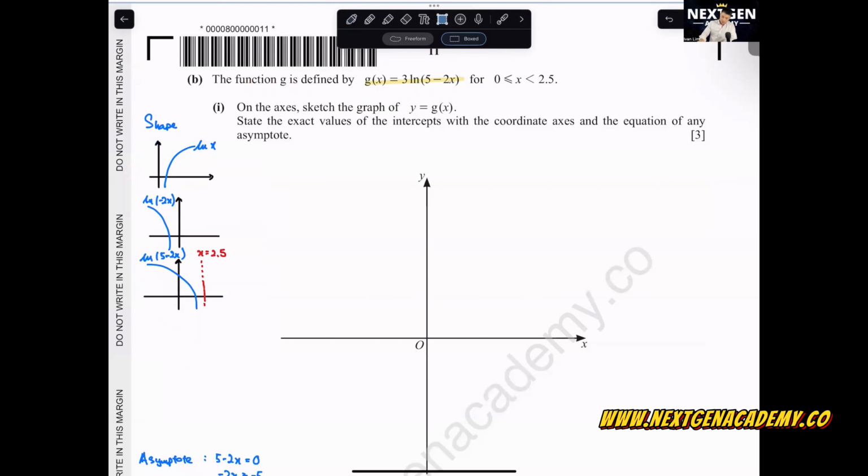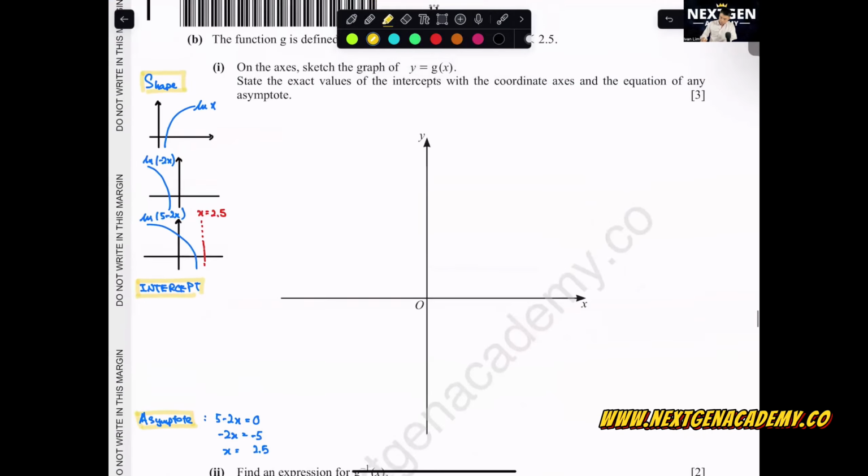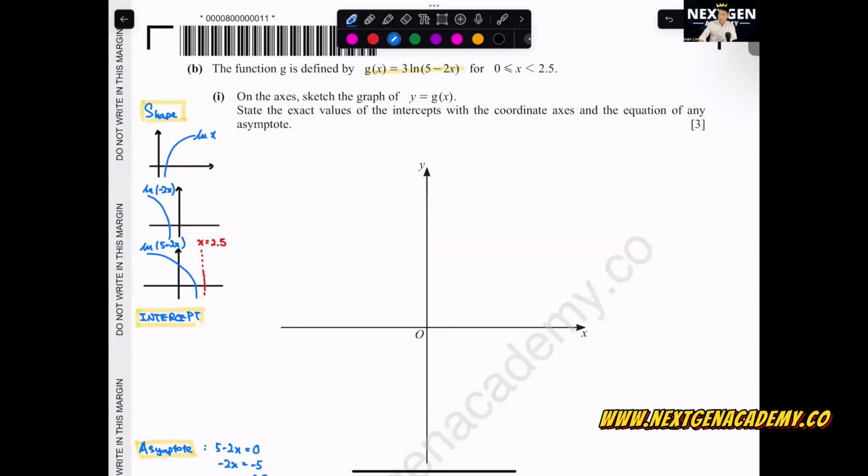After we have found the shape, let's find the intercepts. We need to calculate the x and y intercepts. For the x-intercept, y equals to 0.